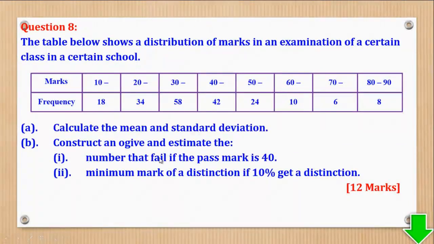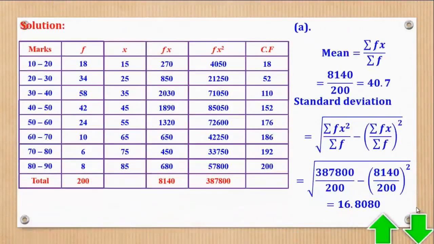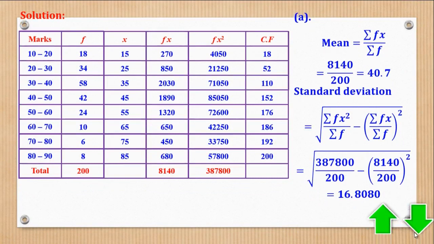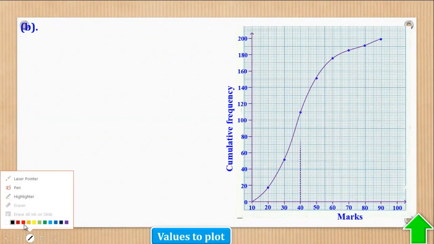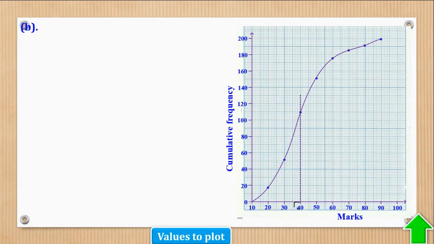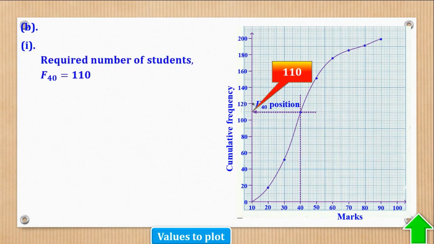They told us to get the number that failed if the pass mark is 40. So we shall come here and locate 40 here, take it upwards to meet the curve, then go this side to meet the vertical axis, and read off that value. That means that the number that failed will be 110.